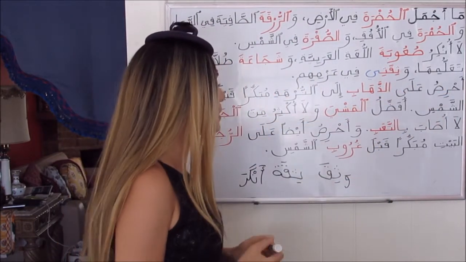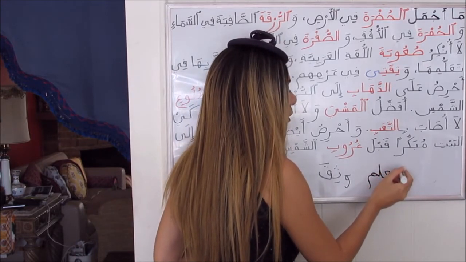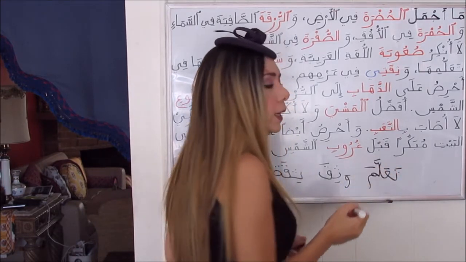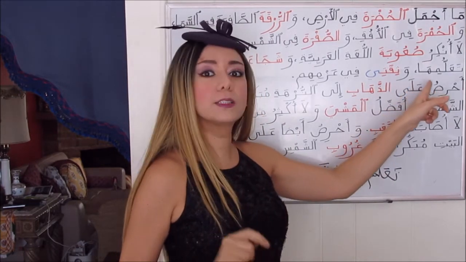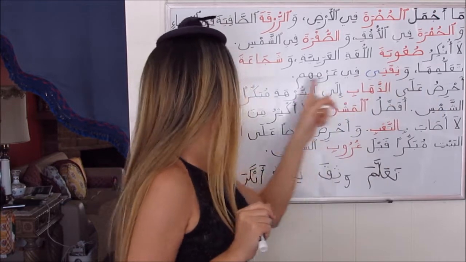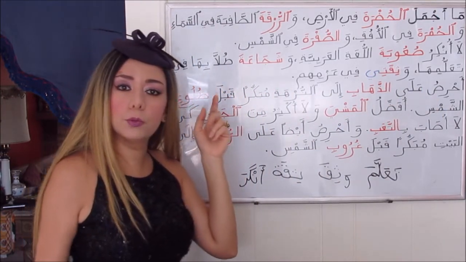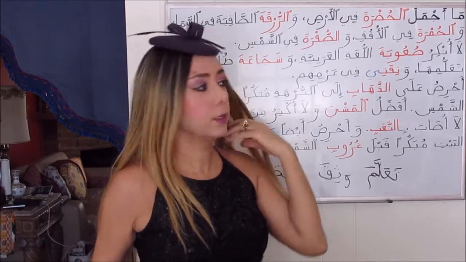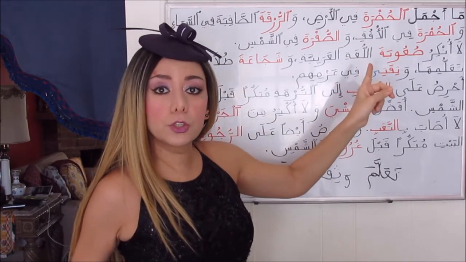تعلمها from the verb تعلم. تعلم, to be educated or to learn. تعلمها, another resumptive pronoun referring to what? To the students? No. الطلاب, this is plural masculine. Ha, still referring to the language.